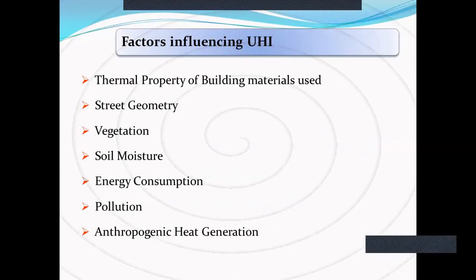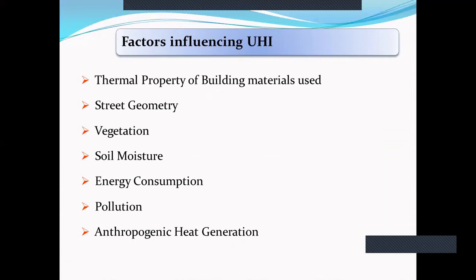Major factors that influence UHI are: first one, thermal property of the building material used. Properties of urban materials, in particular solar reflectance, thermal emissivity, and heat capacity, influence urban heat island development as they determine how the sun's energy is reflected, emitted, and absorbed.